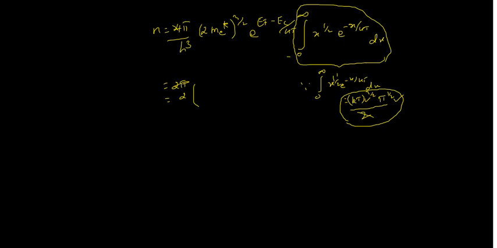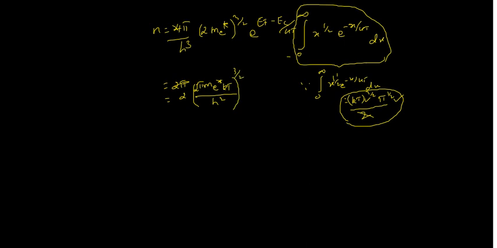So 2 pi m e star kT divided by h square, the whole power 3 by 2.